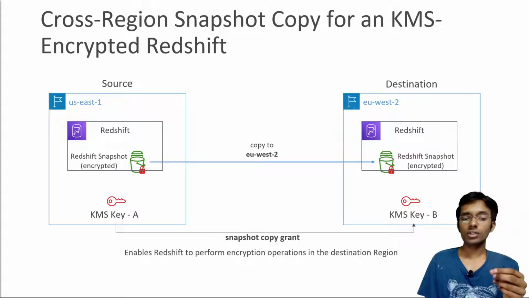When this is done, then you can copy your snapshot from region 1 to region 2, and then it will be encrypted by Redshift with the correct KMS key. So the really magical thing here is that you need to create a snapshot copy grant.